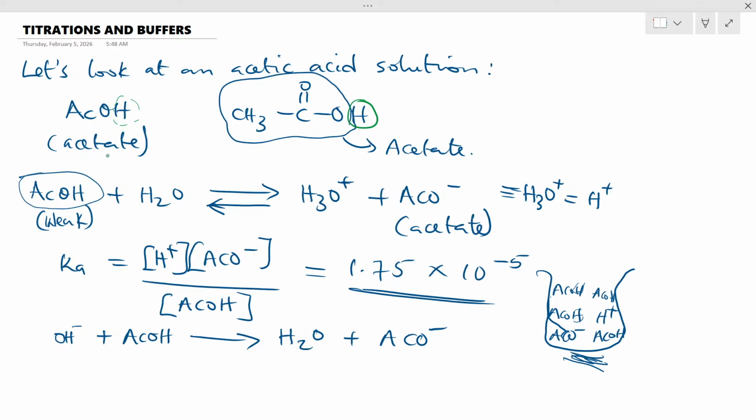Okay, and this is actually the acetic acid, and it forms acetate when it gives off its hydrogen. This is nothing more than the structural representation.